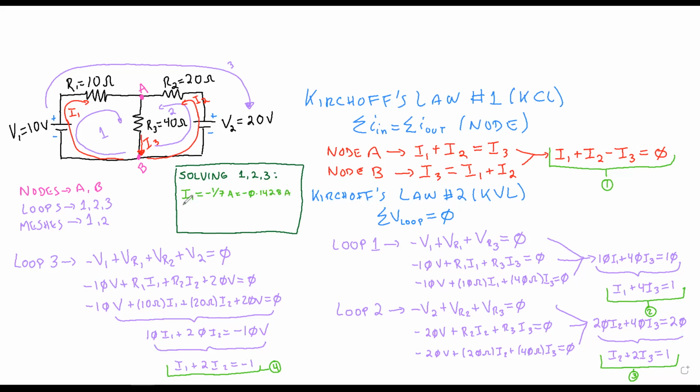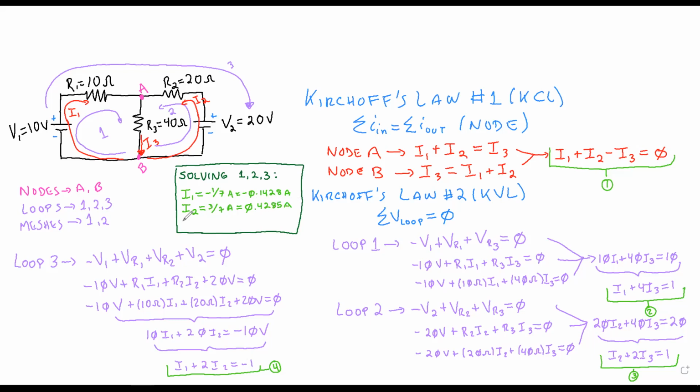Amps. Then I2 is equal to 3/7. Can somebody calculate that, please? 3 times that. 0.4285 amps.